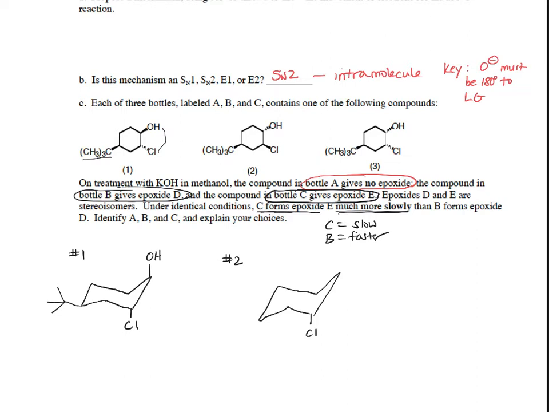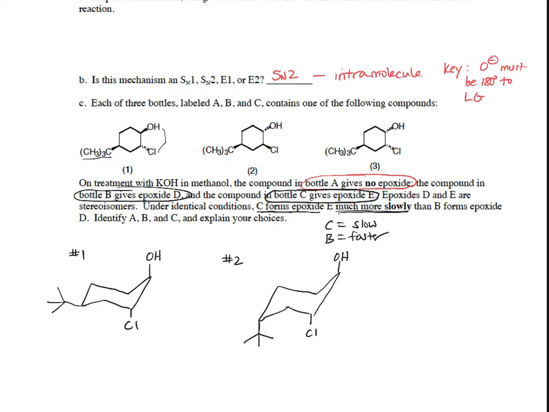So the Cl's down, the OH is up. That's looking pretty similar. The tert-butyl group is going to be cis to the chlorine now in number 2. And so the chlorine's down, so the tert-butyl's also down. So that will look like that.